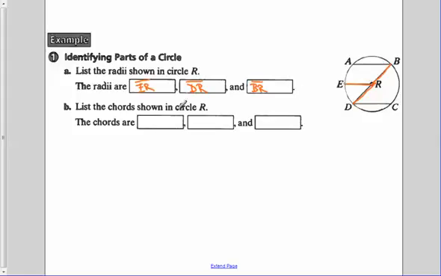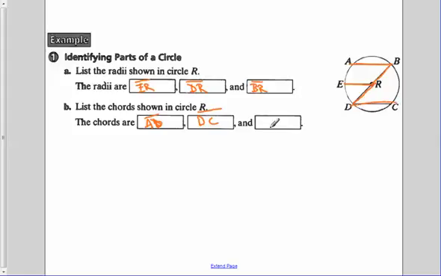And the chords of the circle can be AB, where we go from one side of the circle to another. Another one can be DC, where we go from the outside of our circle.